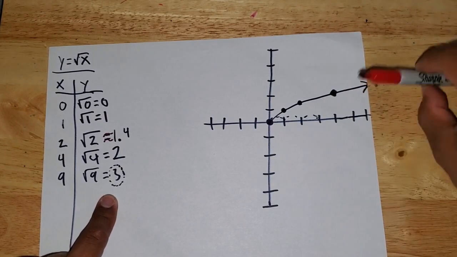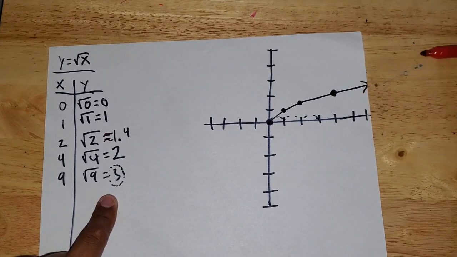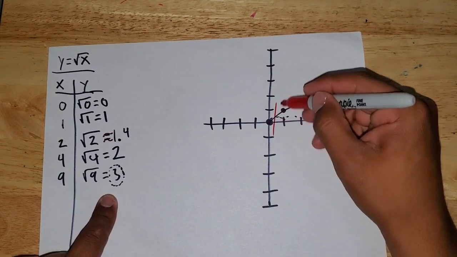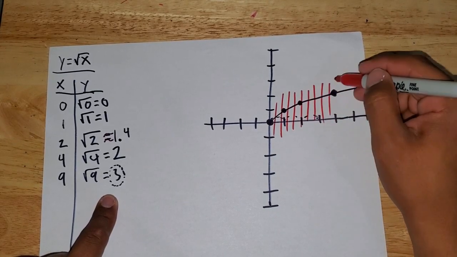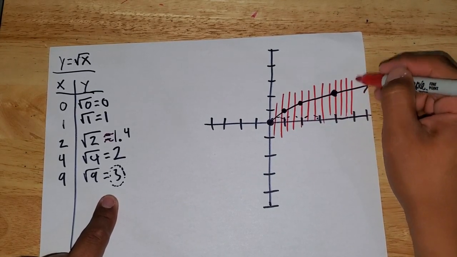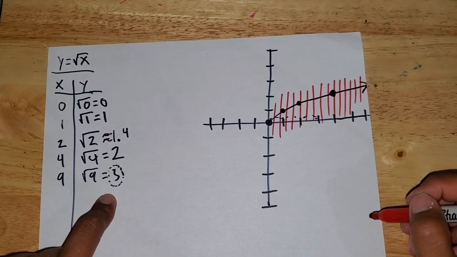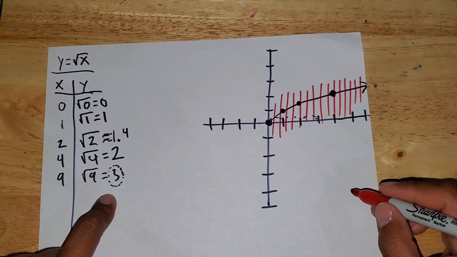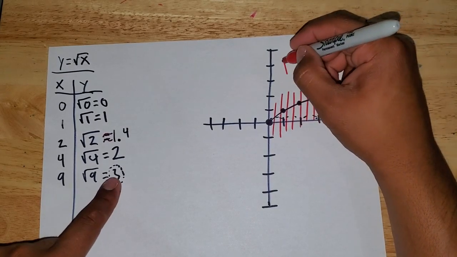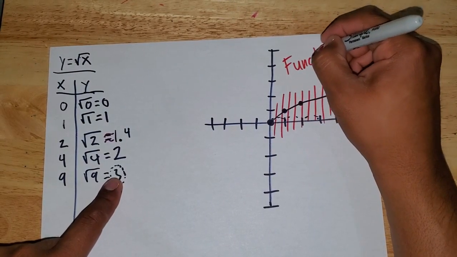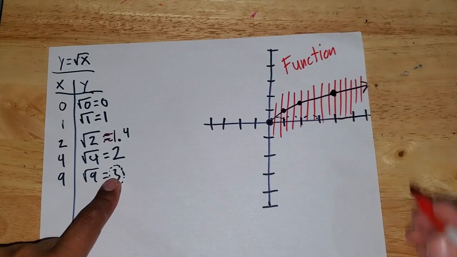Again, it doesn't shoot up, but it just gradually keeps going up every single time. So that means every vertical line that I make, I have to ask myself, are any of these vertical lines going to ever intersect this graph more than once? And hopefully you're saying no, because that means that this is going to be a function.